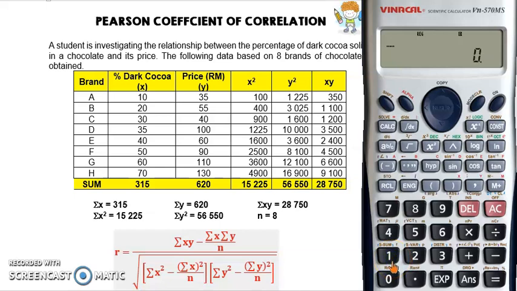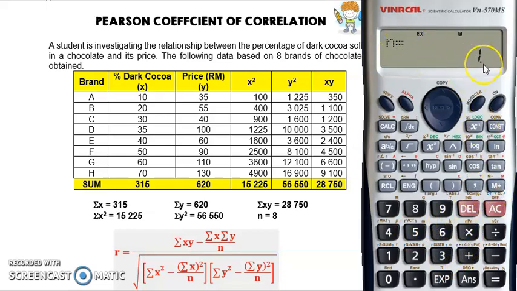How do we key in data for correlation and regression using this calculator? Key in the format of x, the independent variable, comma, and then value y. For example, the first data, x is 10, comma, y is 35. To key in the data, we press n plus.